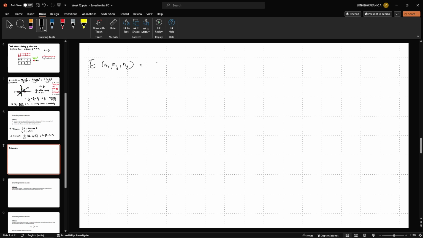So this is equal to ħ squared π squared by 2m L squared into nx squared plus ny squared plus nz squared, where nx, ny, nz equal 1, 2, 3 all the way till infinity.